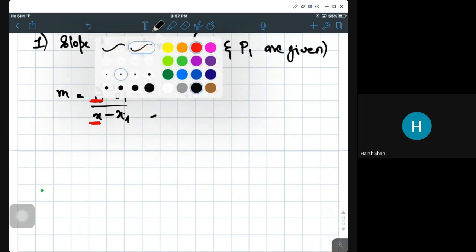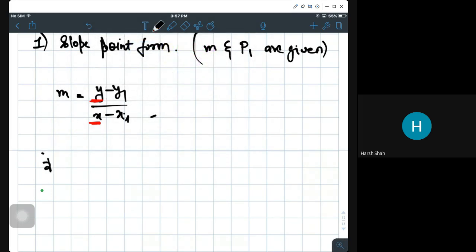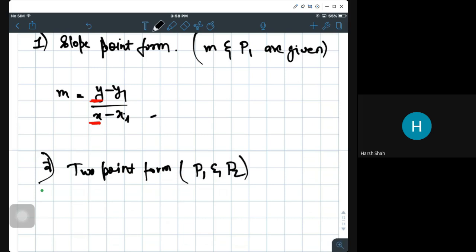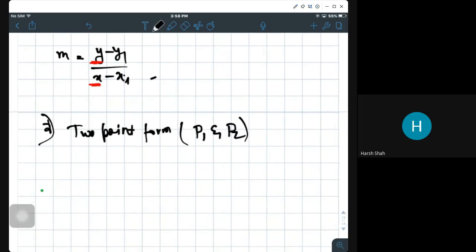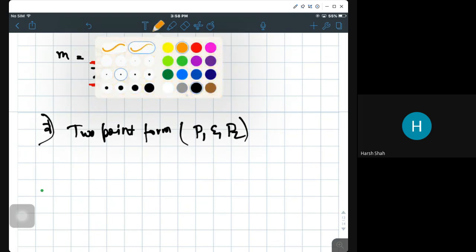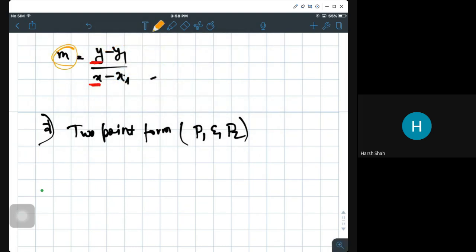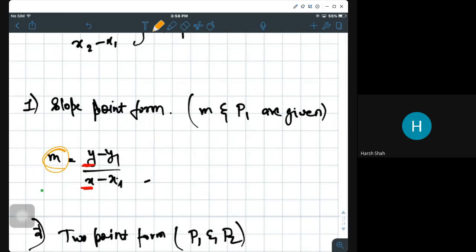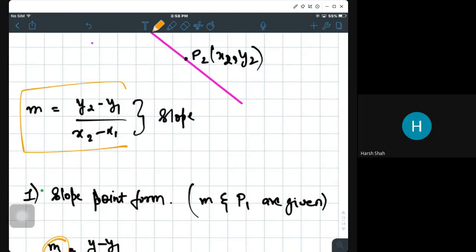Second thing we have is the two-point form. As the name suggests, I have P1 and P2. Now, I don't have this m, I don't have the slope. But using this formula, can I find the slope? I know that I have 2 points on the line.